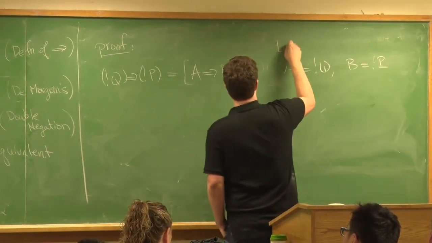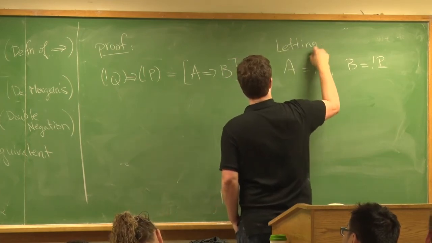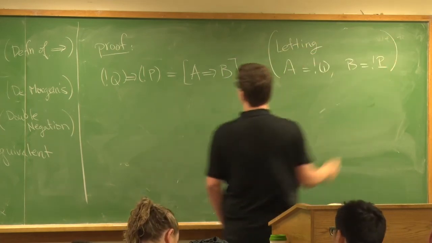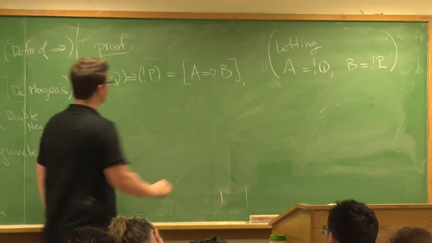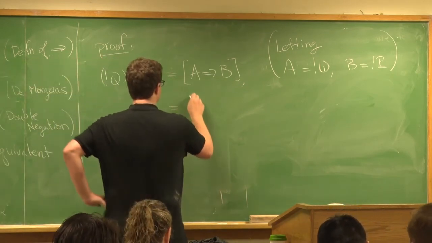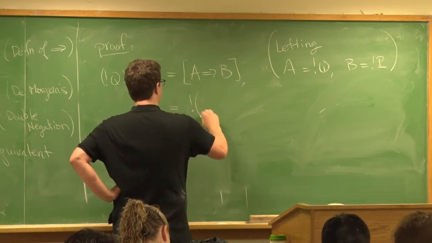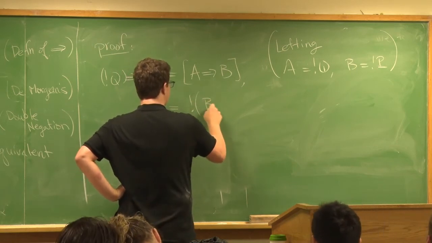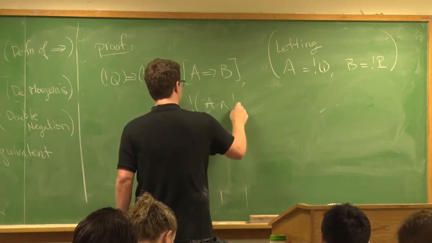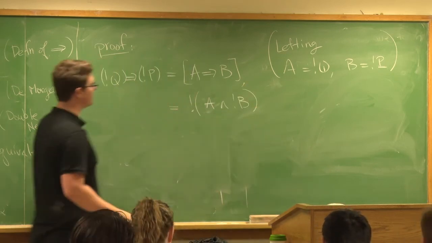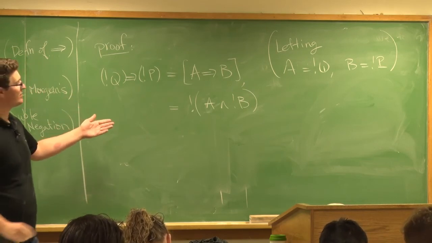So letting this be true. Okay, and so this was not P, or not B, or not A, and not B. Okay, so this one here follows from the definition of implication.